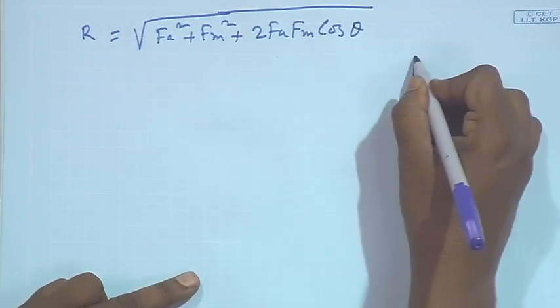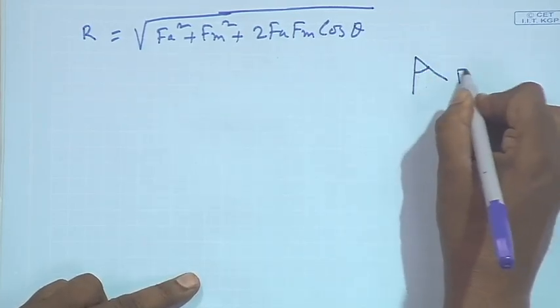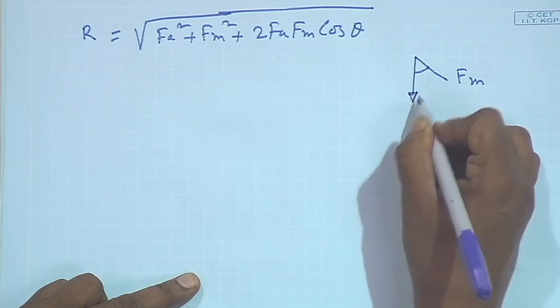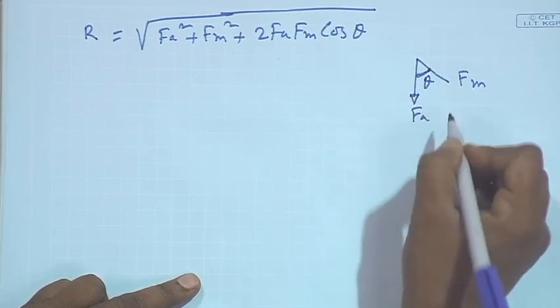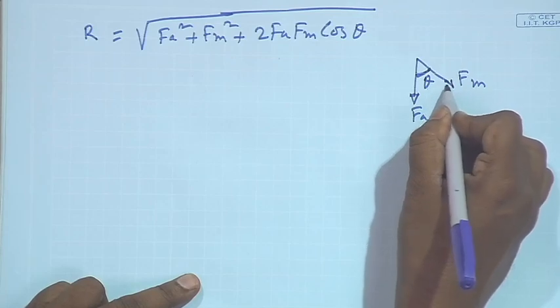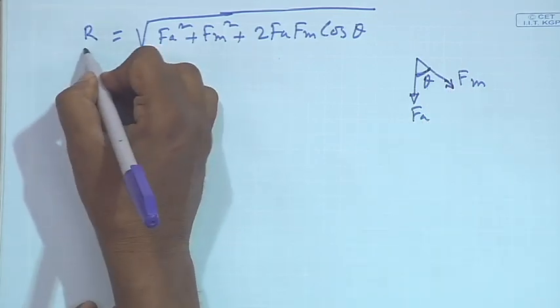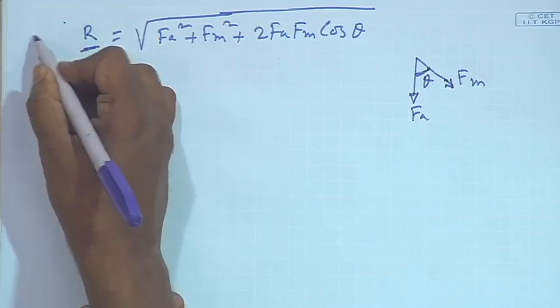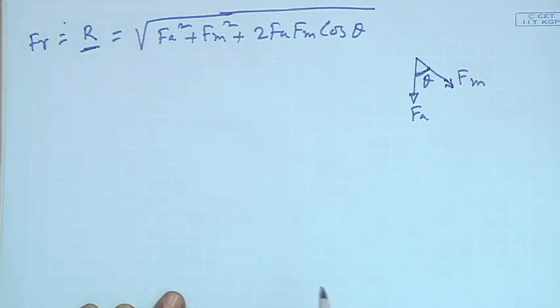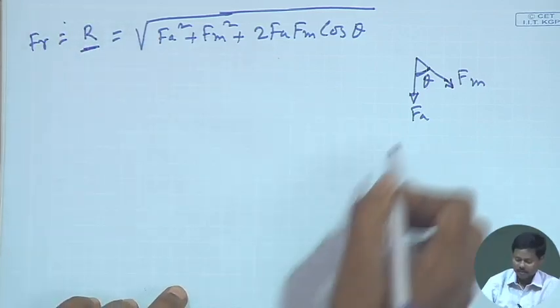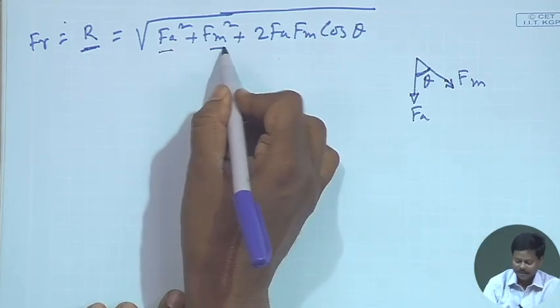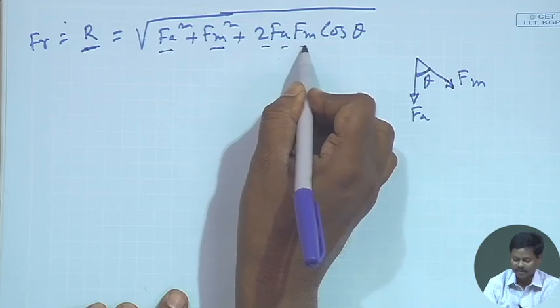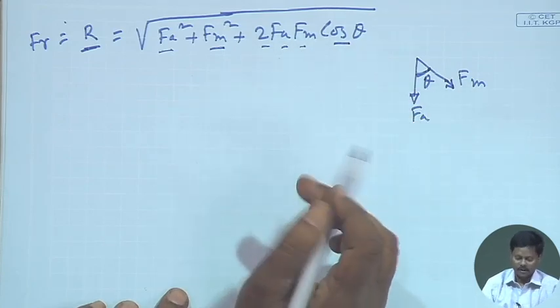Theta is the angle between Fm and Fa. So, I can write Fr, the resultant force at a particular bolt, as the square root of Fa square plus Fm square plus 2 into Fa Fm cos theta, right.